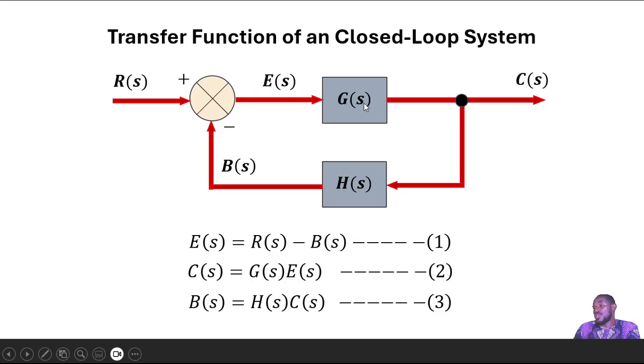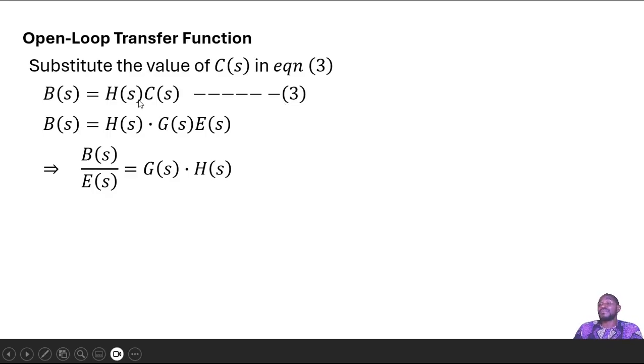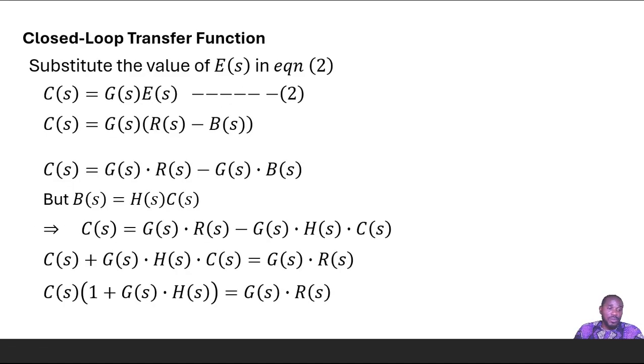So E of S comes to G of S and it also comes into H of S and out to B of S. So B of S is our output, E of S is our input. So we define the open loop transfer function of a closed loop as the ratio between the feedback signal and the error signal.